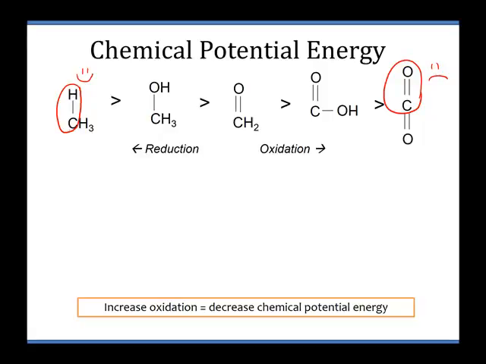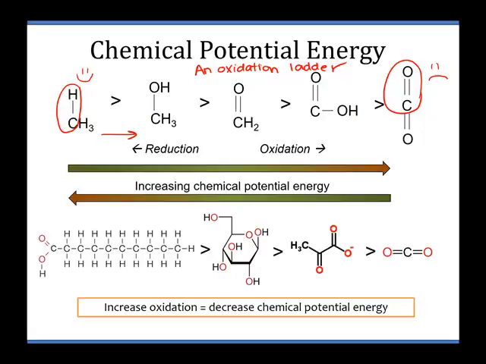As we move from C to H down this, what I call an oxidation ladder, this is an oxidation ladder. As we move down from left to right, we are decreasing our chemical potential energy.